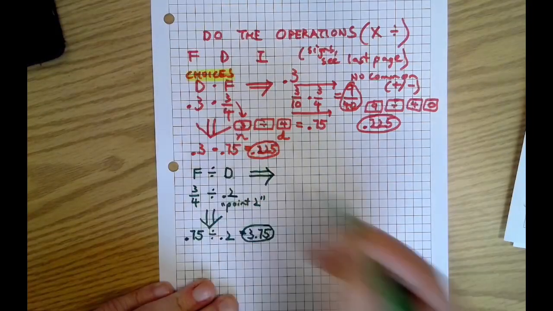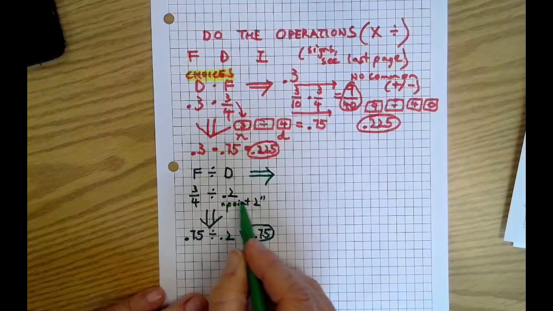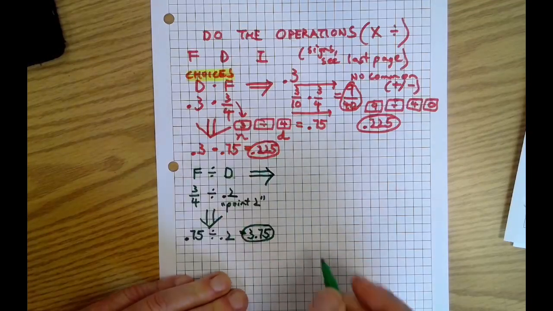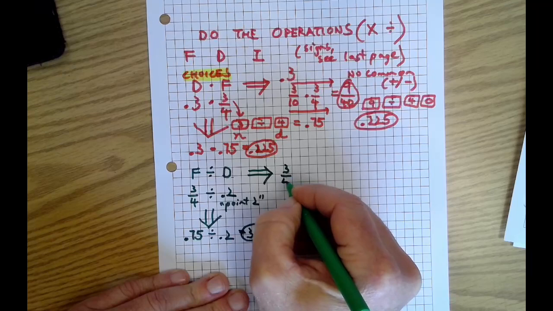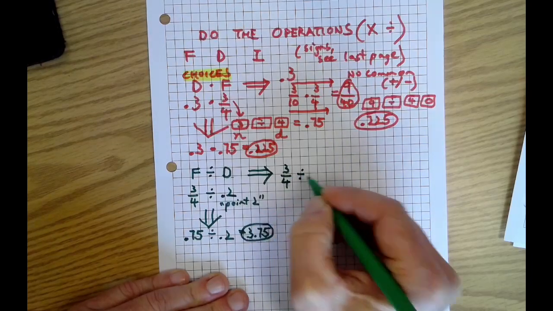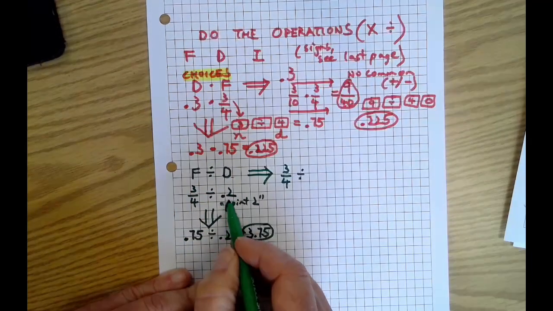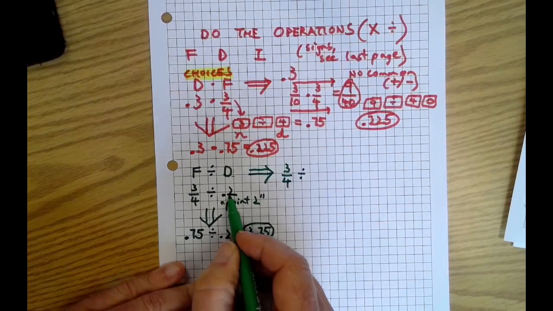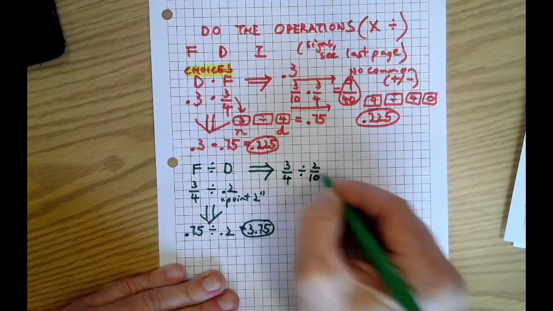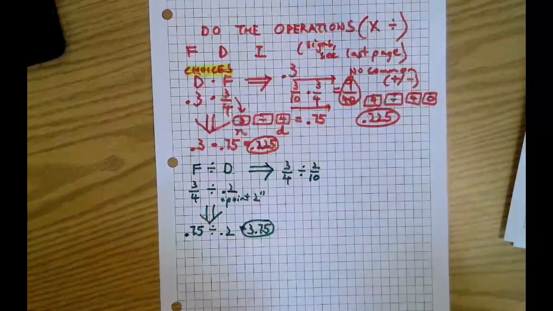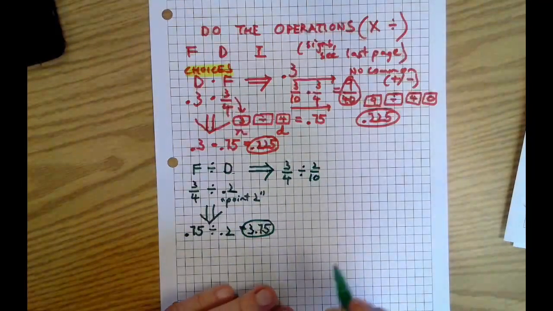But since we also know how to say this in a different way than "point two," we could make this into a fraction problem. How do you say that? Yeah, 2/10. I know we can simplify and do other stuff. I'm doing my best to keep this short.